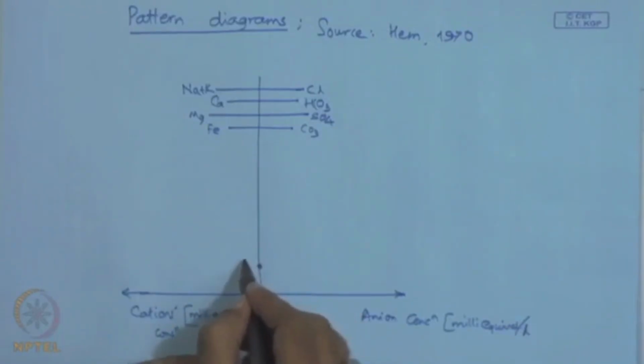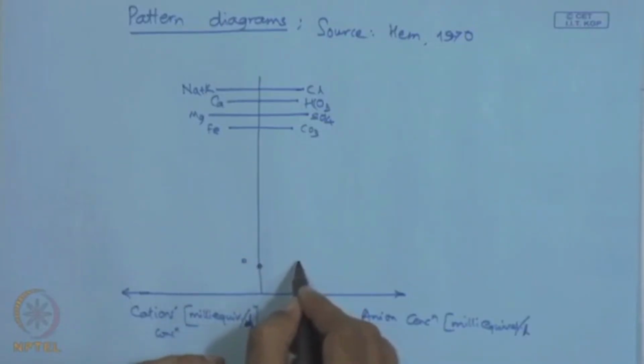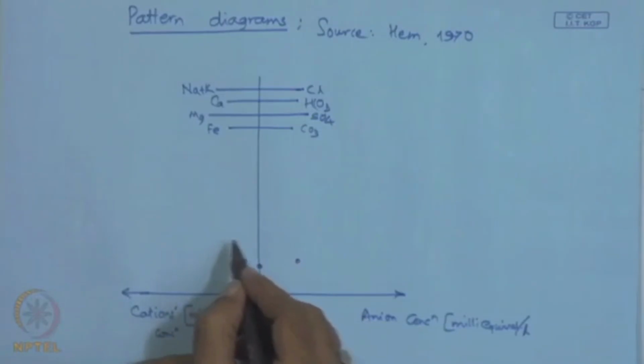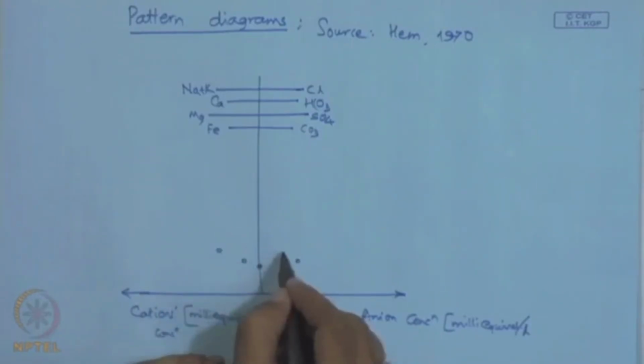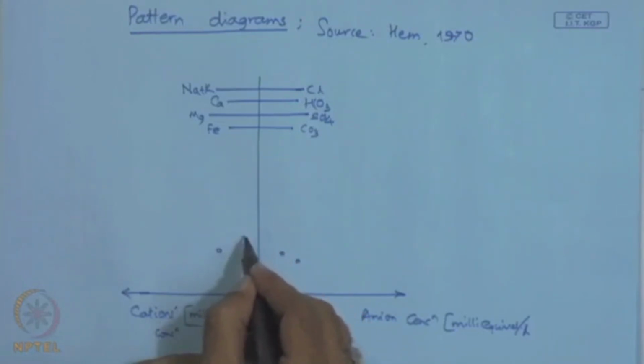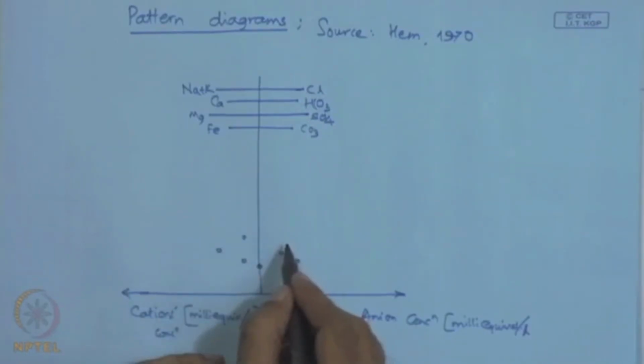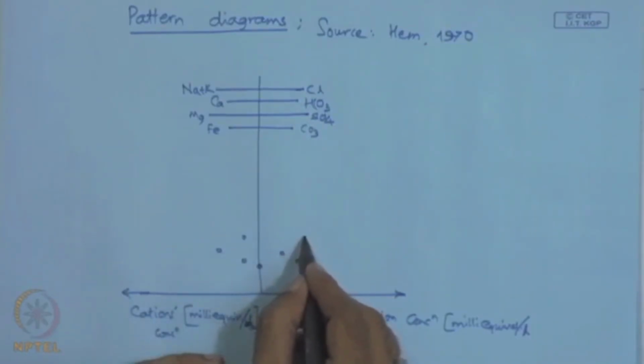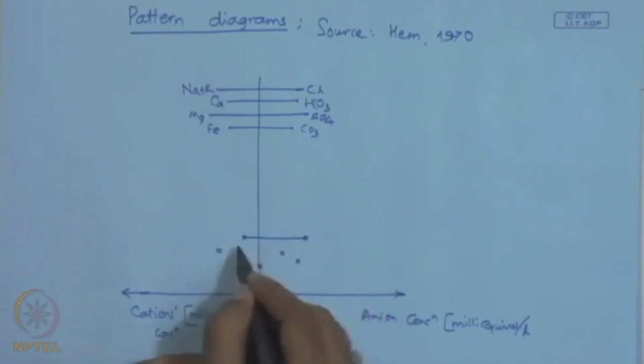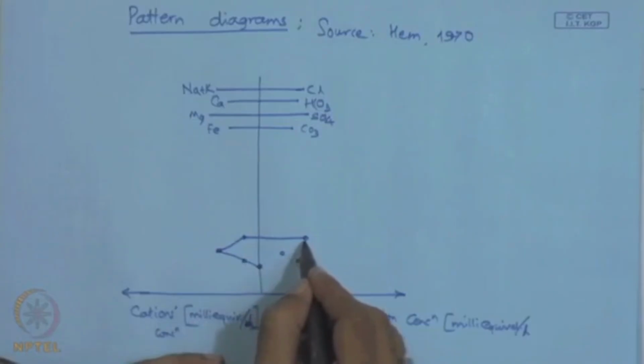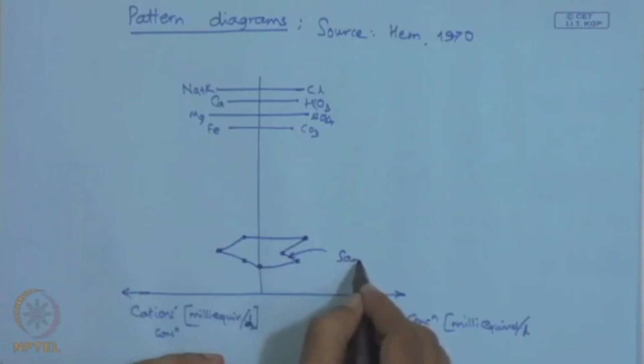Then if it has a certain magnesium concentration, a certain sulfate concentration, a certain calcium concentration, a certain bicarbonate concentration, and lastly a certain sodium plus potassium concentration and a certain chloride concentration, then this is sample 1.